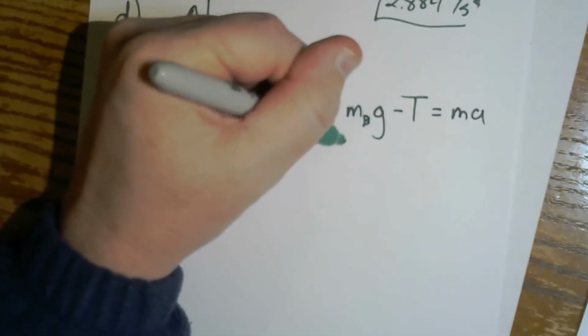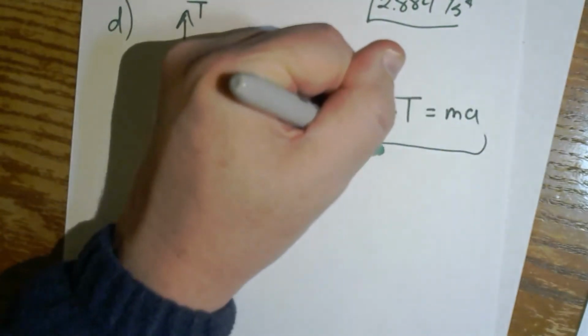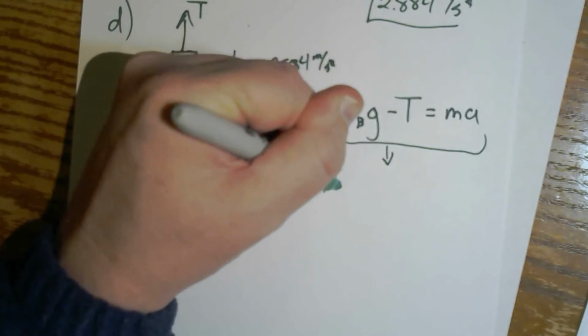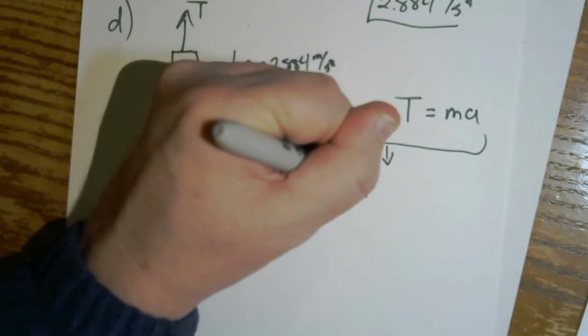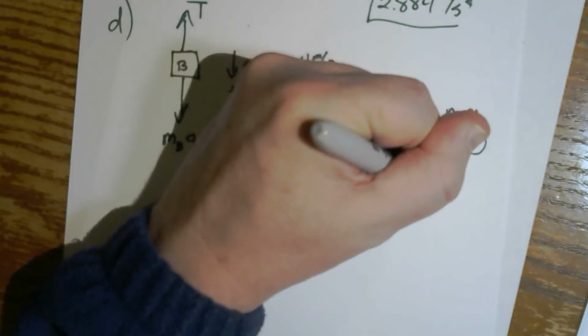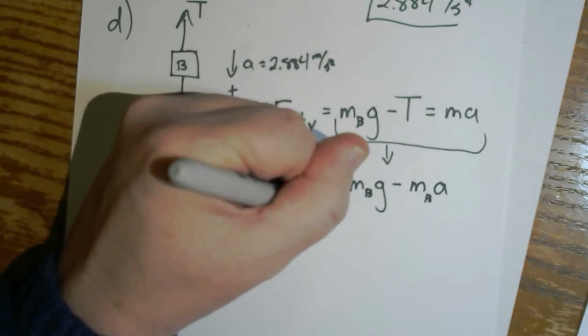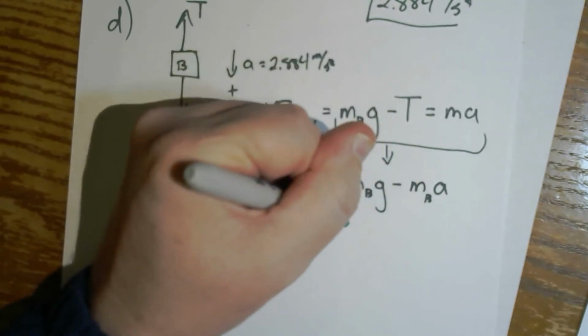All right. I'm going to solve for the tension, so I'm going to take this expression, solve for T. So T is going to be equal to mB times g minus ma, where once again the mass is mass B.